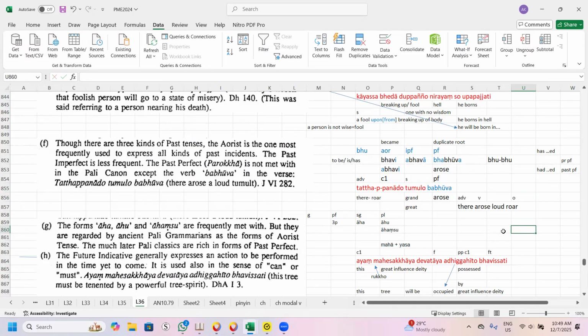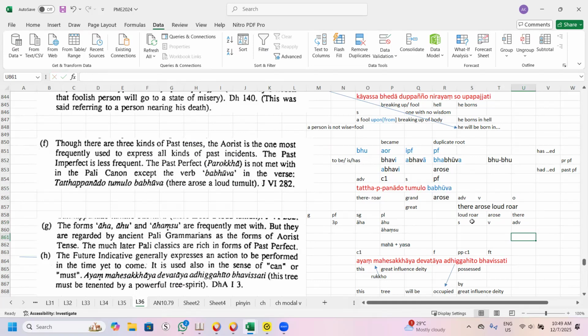In Pali, this is the subject. Loud roar, Pali is like that. This is the subject, this is the verb, this is the adverb.